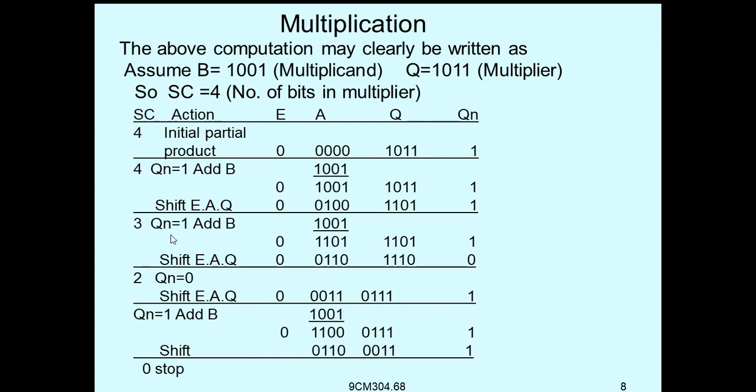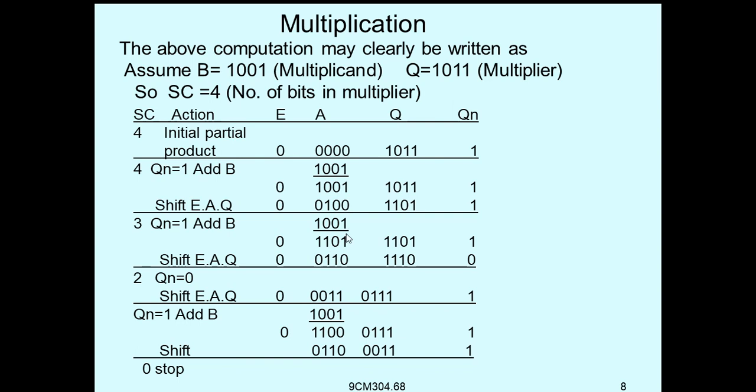Now the value Qn is 1. If Qn is 1, then add B to A. This is the A result, 0100. To this we have to add the B value, 1001.